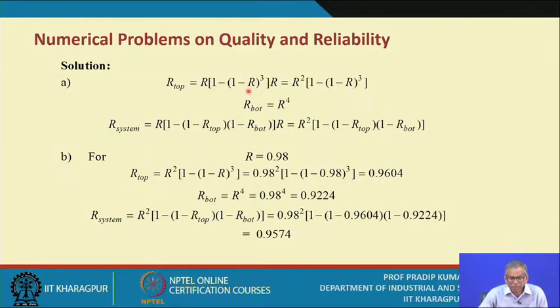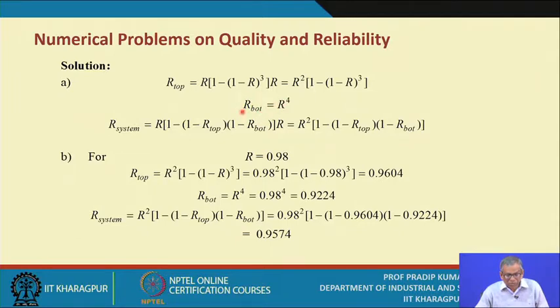So you have the parallel system's reliability, and it is linked with two other components in series: the first one, then the middle one, that is the parallel system, and the third one. So this is the middle one's reliability, this is the first one's, this is the third one's, and they are in series. That's why it is like this.